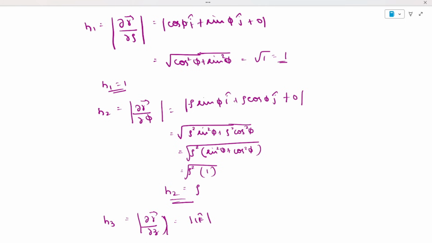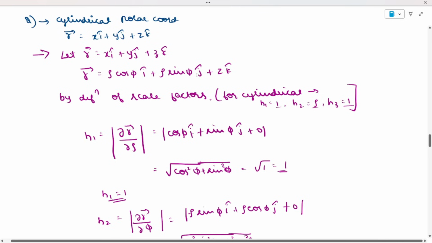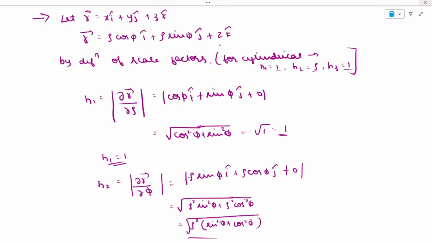Now you have to differentiate with respect to ρ, that is cos²φ and sin²φ. When you are differentiating with respect to ρ only, the answer will be 1.